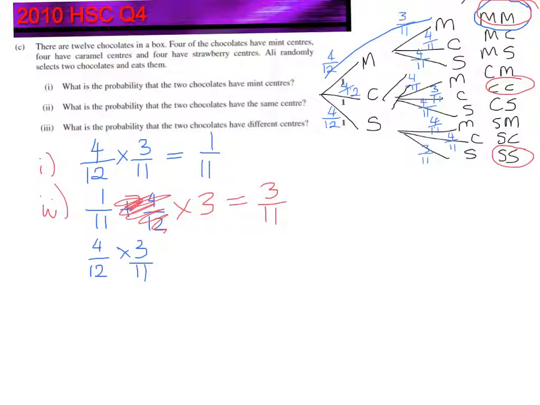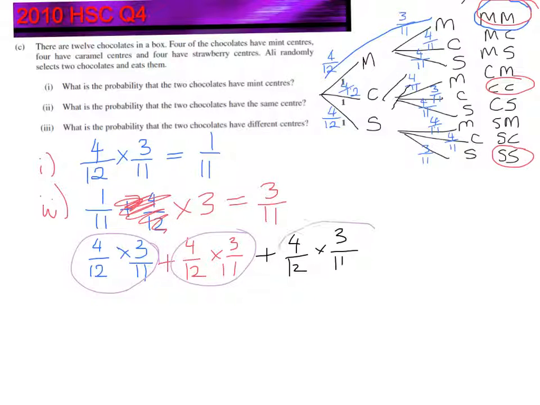And then we got a plus caramel. And then we got a plus strawberry. Can you see, might be easier to see there. We've got the same fractions. So each one of those fractions is 1/11 plus 1/11 plus 1/11, which is 3/11. Okay, so a couple of different ways of working out these questions, whichever you find easier to work with.